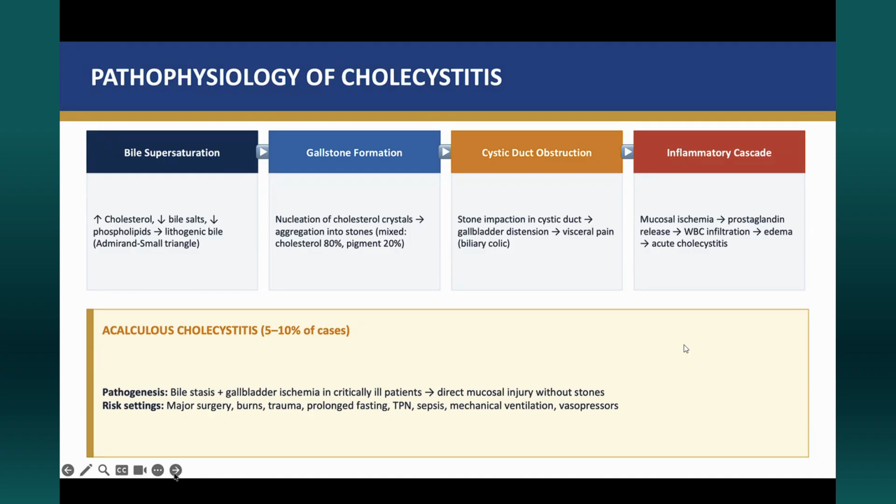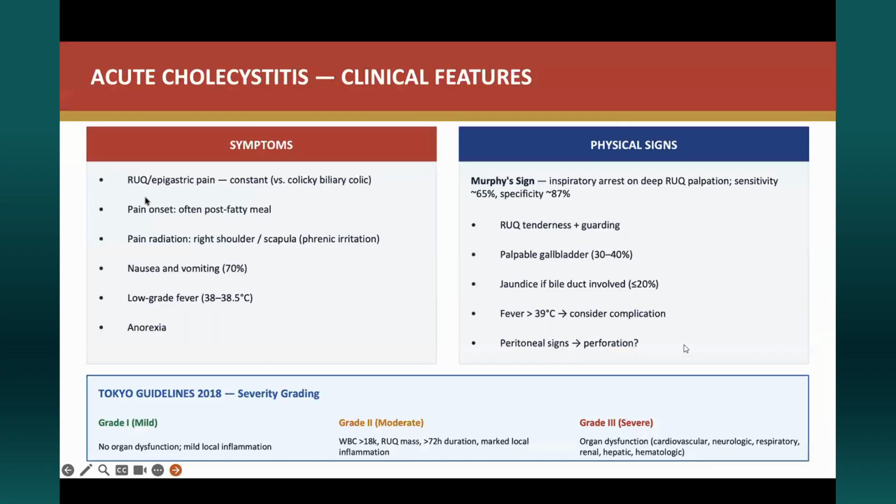Now, this then produces symptoms of right upper quadrant pain, patients with low fever, especially if there's obstruction, and nausea and vomiting. On the right side, as I mentioned, there is right upper quadrant pain. There is gallbladder palpability because it's big, and the patients with fever and peritoneal signs.